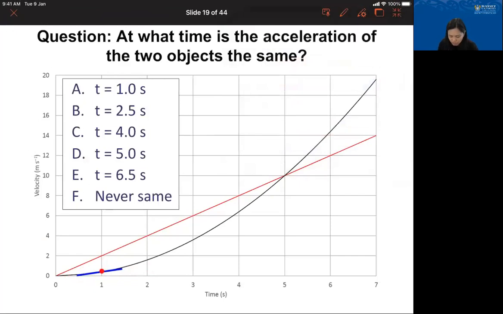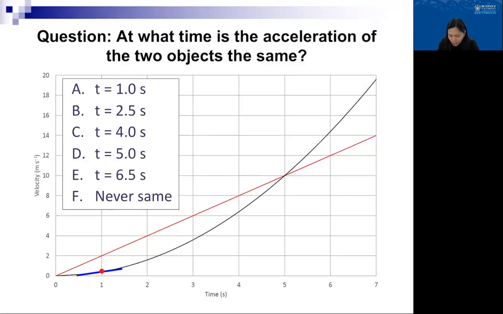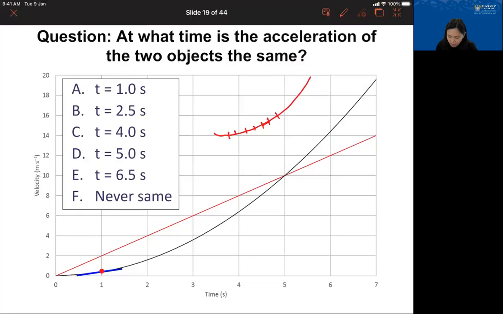You can think of this as dividing the curved graph into small segments, and in those small segments it looks like a straight line. So if you have, for example, this curved graph here, if you divide this graph into smaller segments and you look at this small segment, it's as if this segment is a straight line. And if you're drawing that small segment, that's the tangent to that point here.